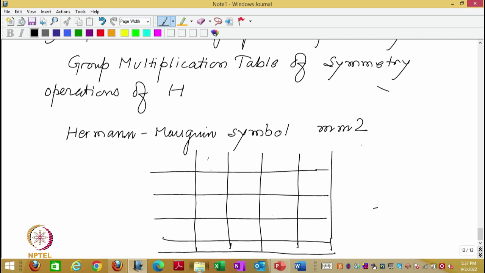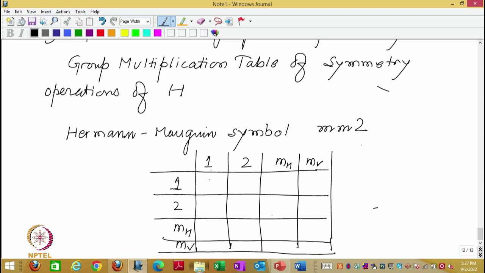So, let us start with the identity 1, then 2, then MH and then MV, and I write 1, 2, MH, MV. All you have to do is, in any box now, I will fill the row, the column element multiplied by the row element.